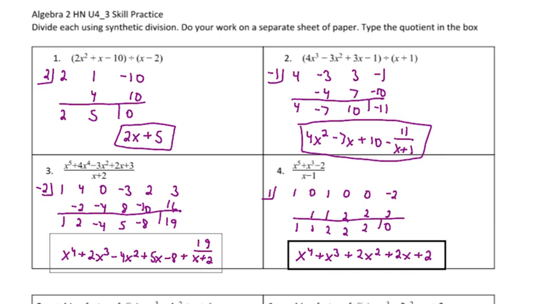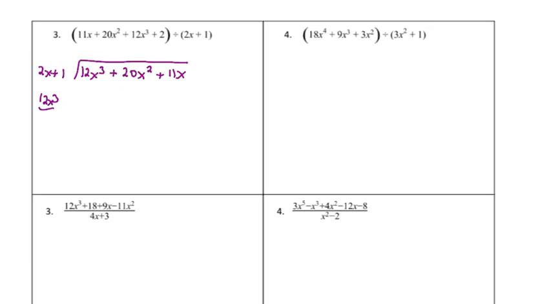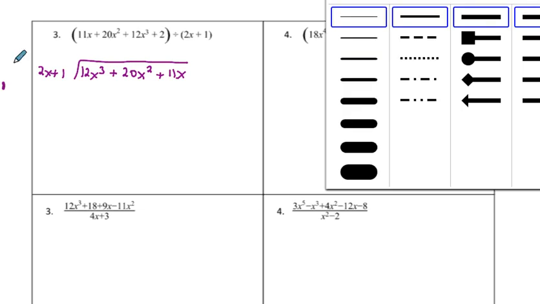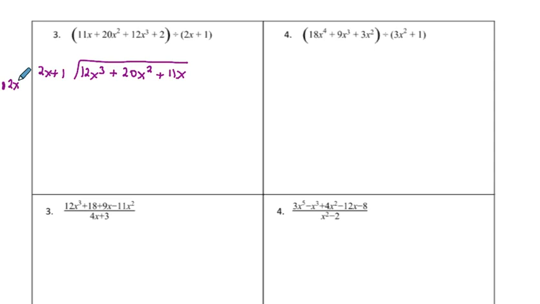Anyway, live television, ladies and gentlemen. All right, we've got, just want to put it over here. 12x cubed divided by 2x gives us 6x squared. So we put our 6x squared over here.